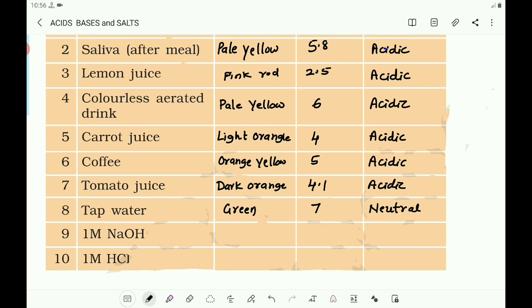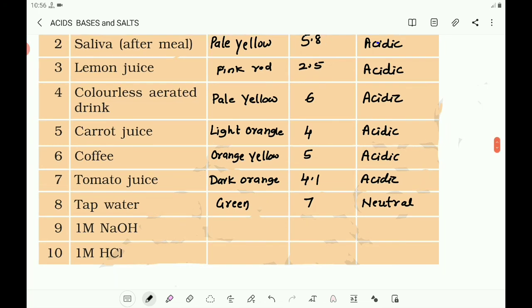Then 1M NaOH. The color of the pH paper is dark blue, sometimes violet. So the pH is 13 to 14.